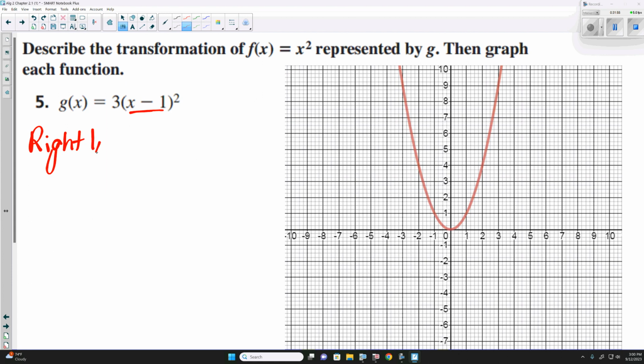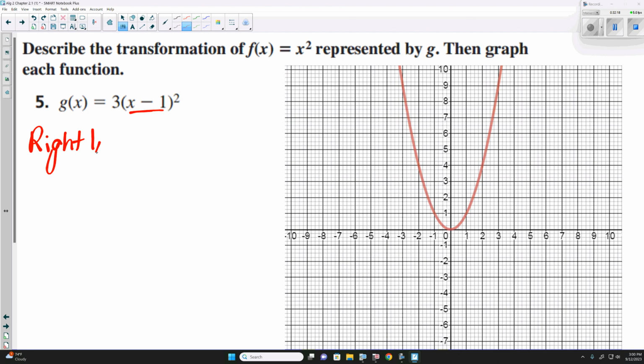Right 1. Vertical or horizontal? Right, the 3 is not inside the parentheses, is it?